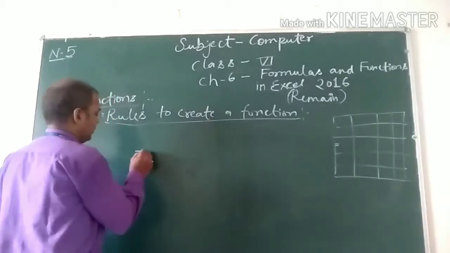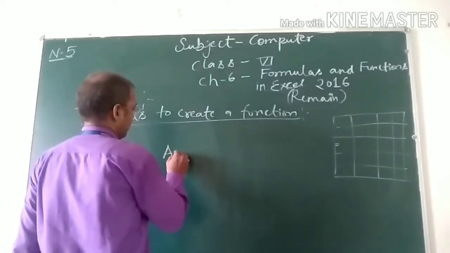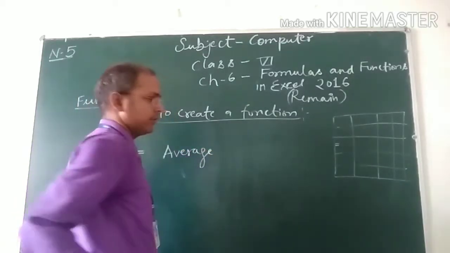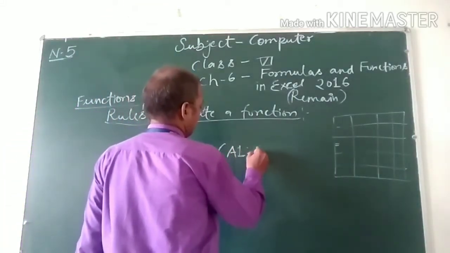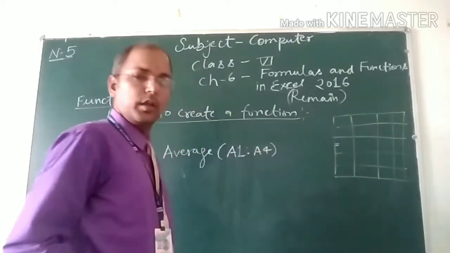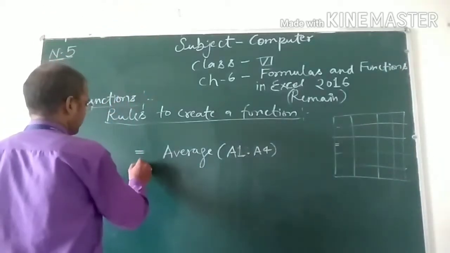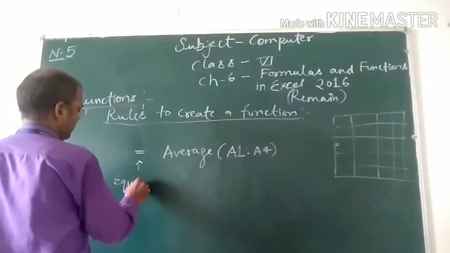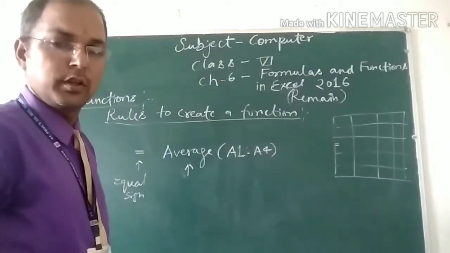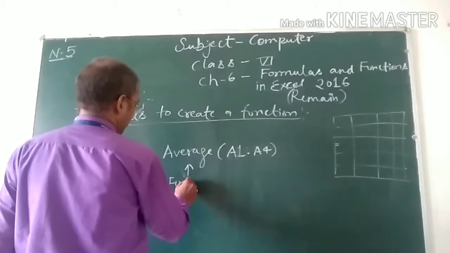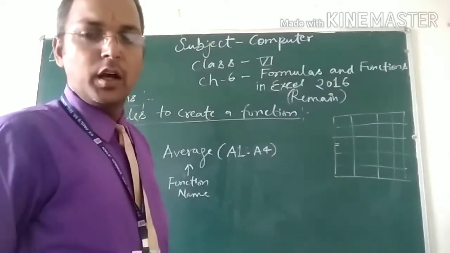For example, equal average A1, A4. So this is the equal sign, and this is the function name.